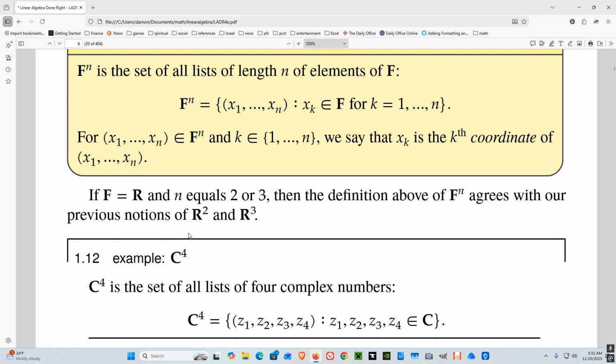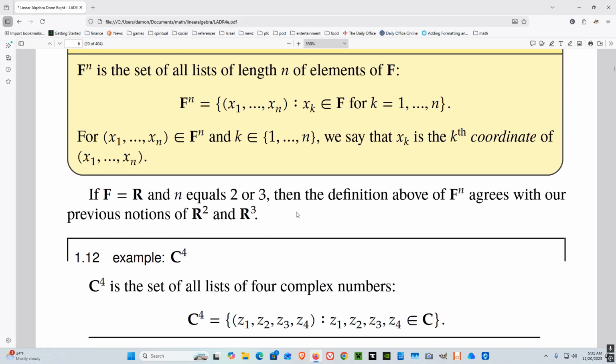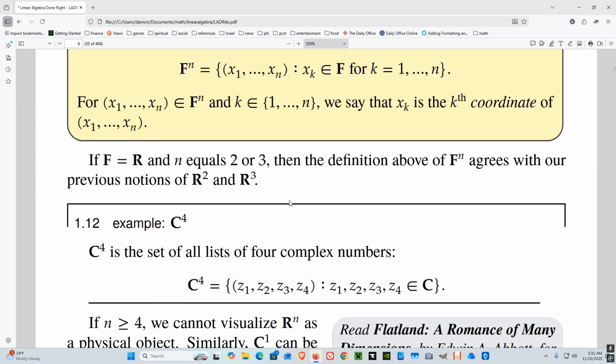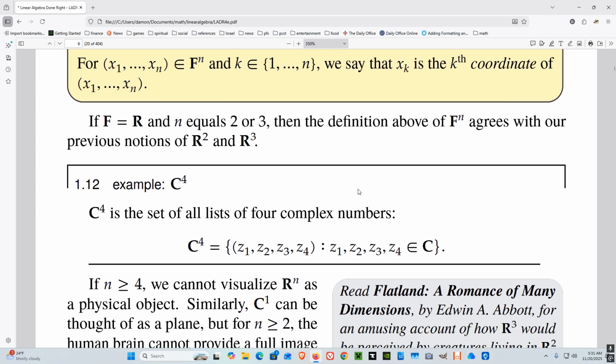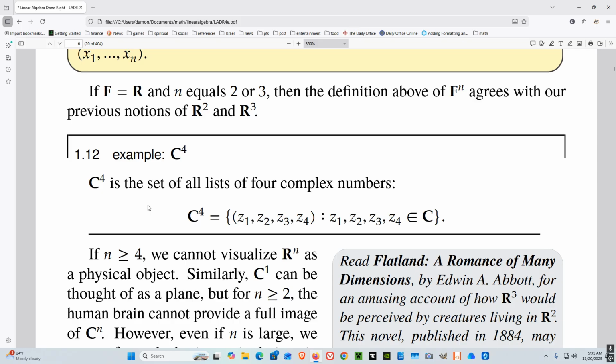If F equals R, that's the real numbers, and n is 2 or 3, then the definition above for F to the n agrees with our previous notions of R squared and R cubed. That means we can think of R squared and R cubed as examples of things we get when we work with F to the n. Example: C to the 4 is the set of all lists of 4 complex numbers.